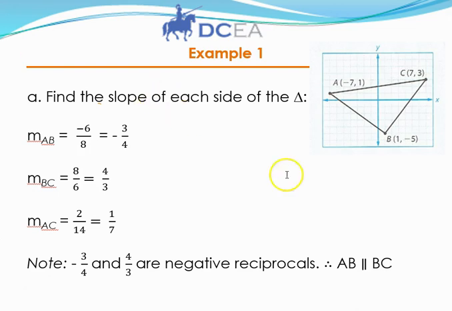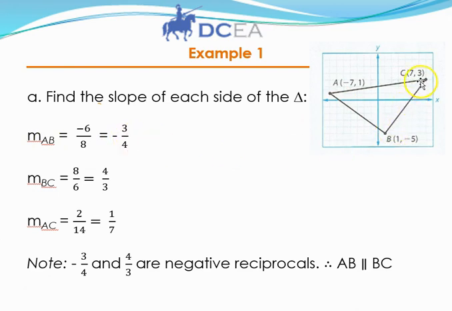You see that we have a graph with 3 points plotted and lines drawn in between them, and this makes a triangle. We're to start by finding the slope of each side of the triangle. So the slope of AB, right here, would be negative 3/4.